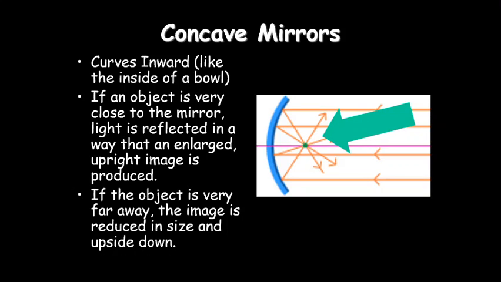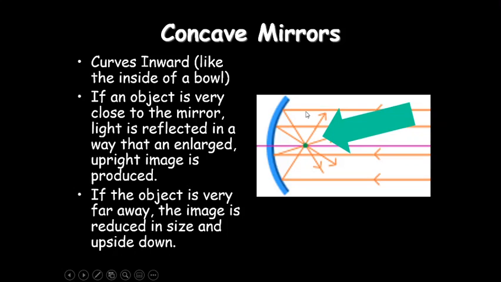If the object is very far, the image is reduced in size and upside down. So depending on where you're standing, if you're standing way back here or close up, the image is going to be either very large or it's going to flip the image upside down.